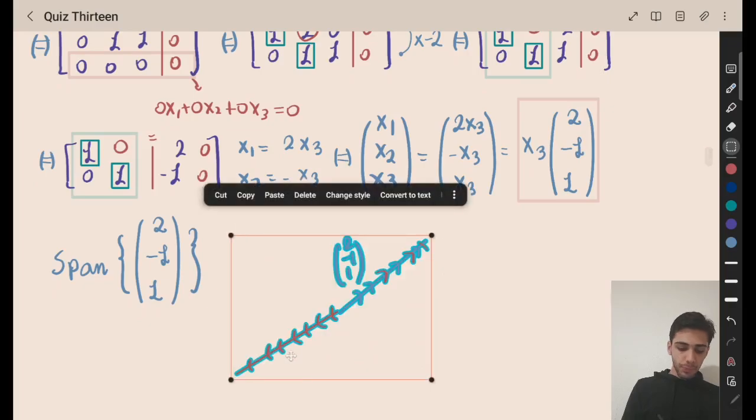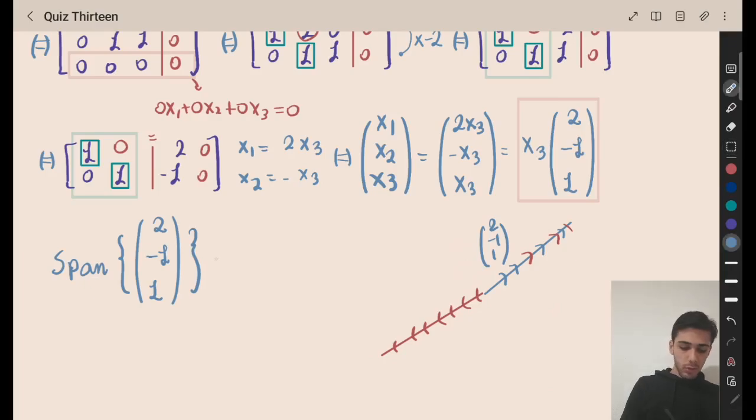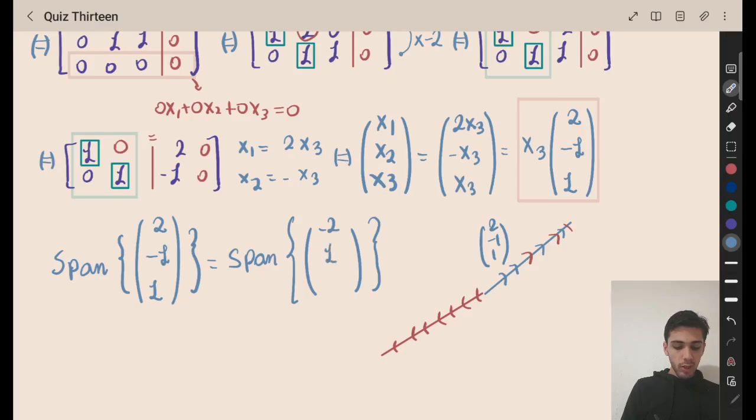Now, just one more note, because I know this will be confusing for some. The span of 2, -1, 1 is equal to the span of -2, 1, -1. What did I do here? I multiplied by -1.